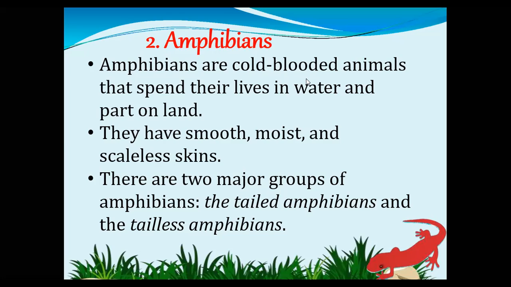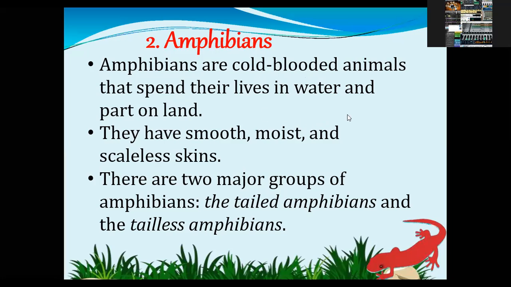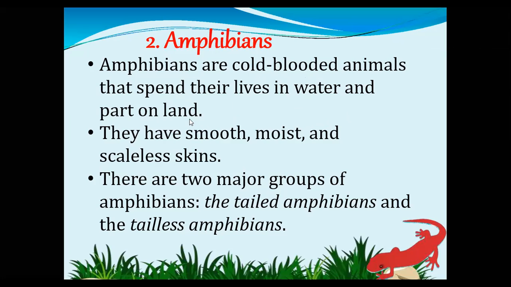If the surrounding temperature is high, body temperature also increases. That type of animals are called cold-blooded animals. They spend part of their life in water and part on land; the first part is in water and the second part of the life cycle is on land.